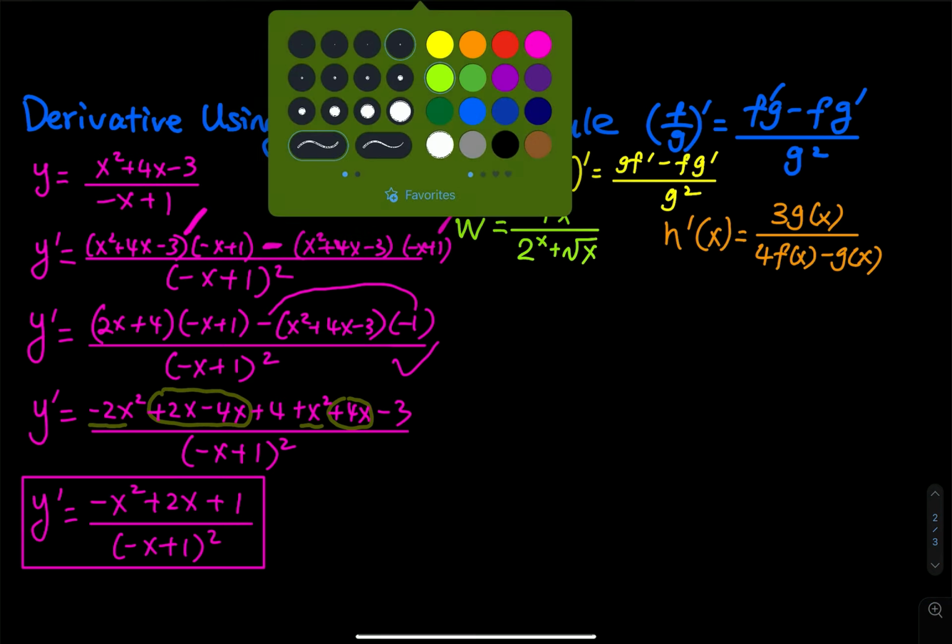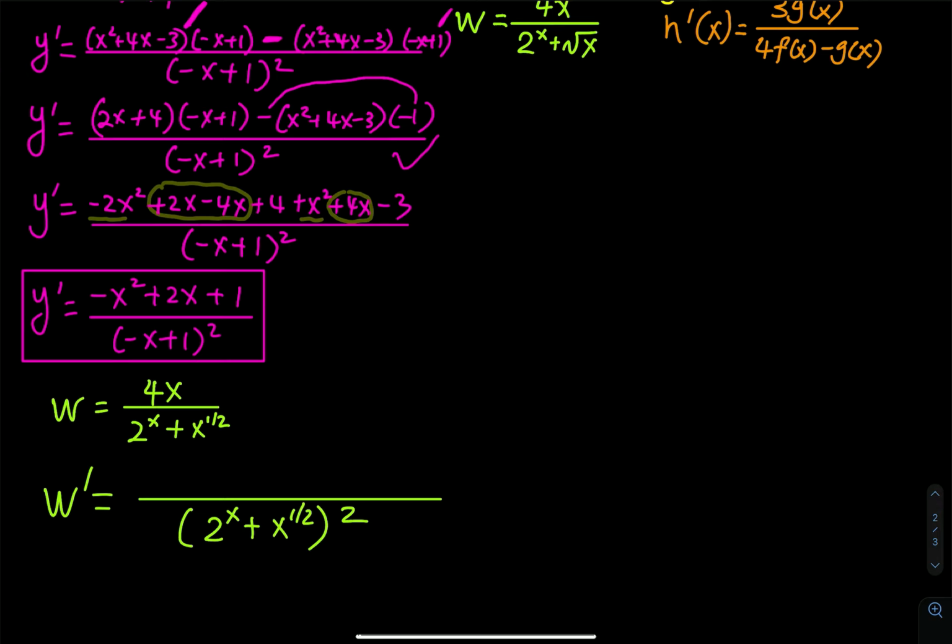Okay, so w prime, that is equal to, I immediately square the denominator, 2 to the x plus x to the 1/2 squared, and then f g, so we have 4x, and then denominator minus numerator times denominator. And then numerator first, denominator second.